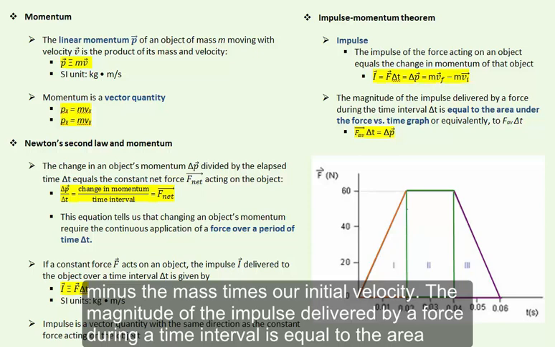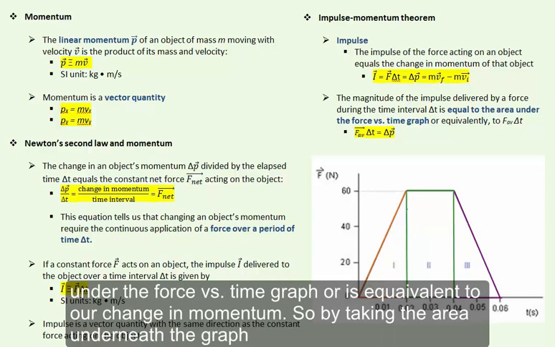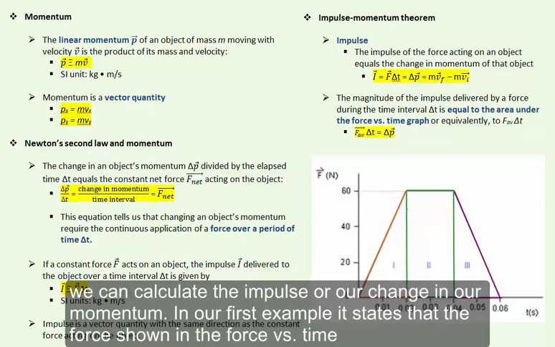The magnitude of the impulse delivered by a force during the time interval is equal to the area under the force versus time graph, or is equivalent to our change in momentum. So by taking the area underneath the graph, we can calculate the impulse or our change in momentum.